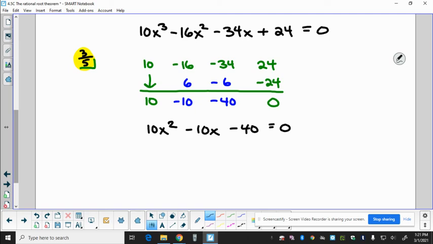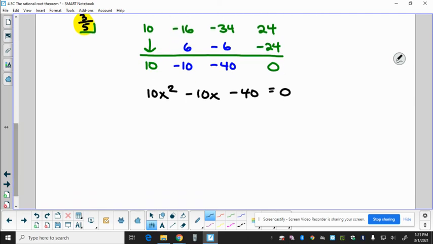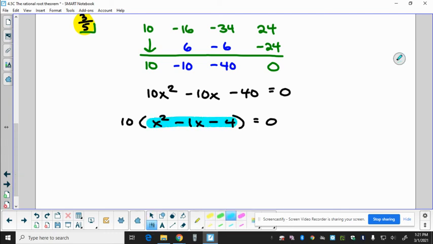How about we factor? Let's take out a greatest common factor of 10. We got a problem. That polynomial that's left over cannot be factored.